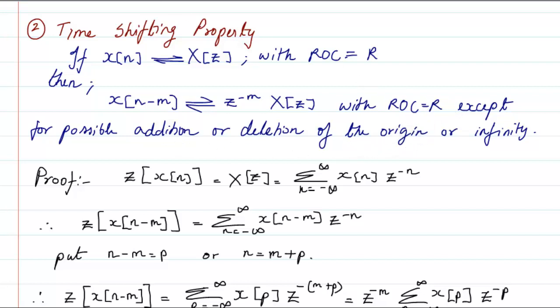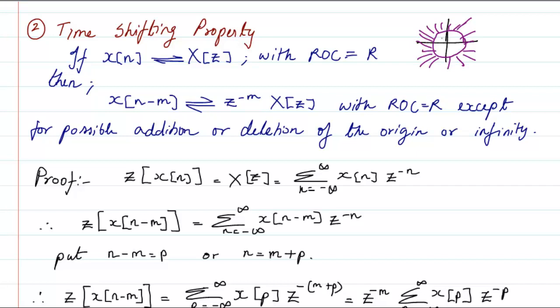For example, suppose you have an ROC which looks like this: this is the circle and outside of that circle is the ROC that we are currently having.